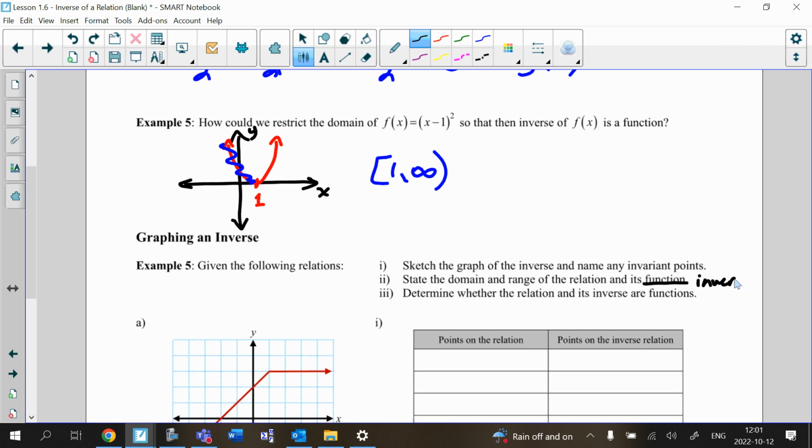So for the first one, here's the original. Two rays connected. To graph the inverse, I need points on the original. Then I'm going to take all those points and switch the x and y's.